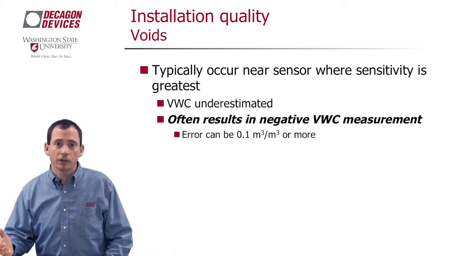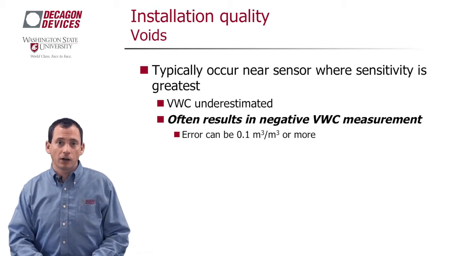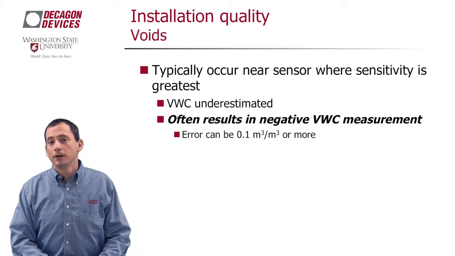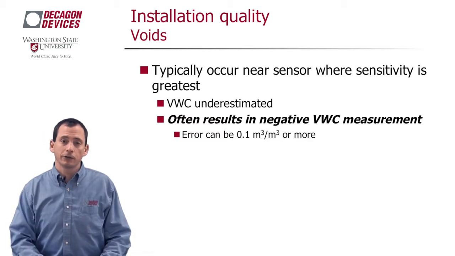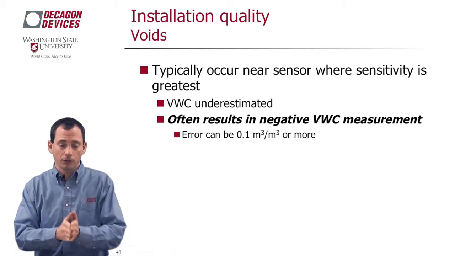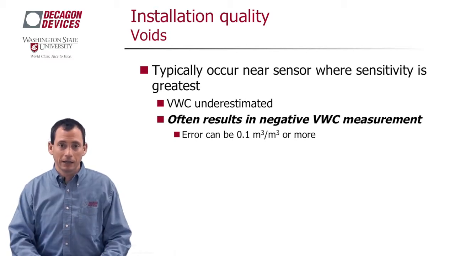And it's not always because the person who installed it did a bad job. I'm not trying to blame people for that. Sometimes it's because it wiggled when it went in, but other times other things happen. If a crack forms around your sensor, then you're going to get negative readings almost immediately.